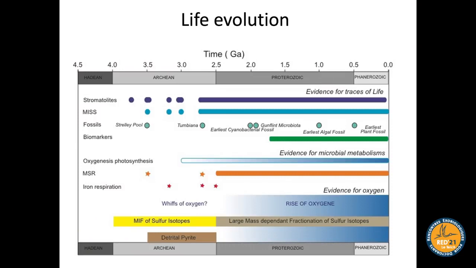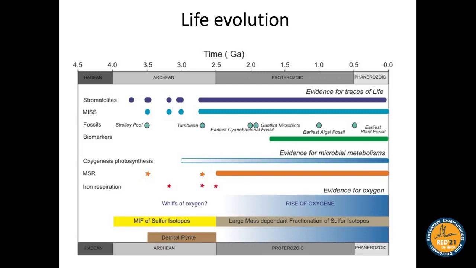And this is also the same kind of record, but based only on the geological record, where we find the stromatolites and what we also call microbially induced structures, the different fossils and microfossils we can find. The biomarkers, unfortunately, cannot be used during the Archean because there are too many problems of contamination and preservation.